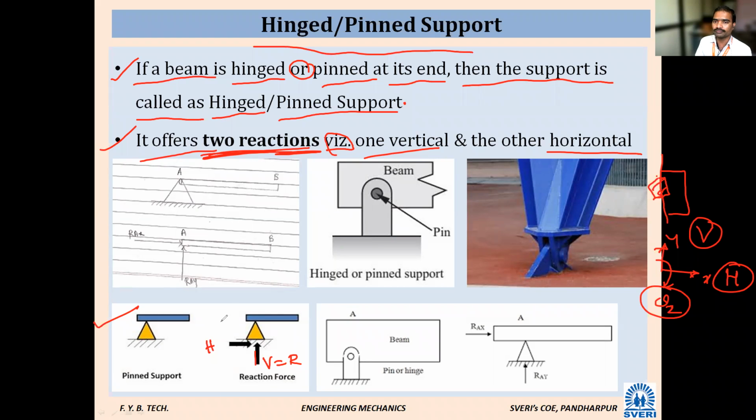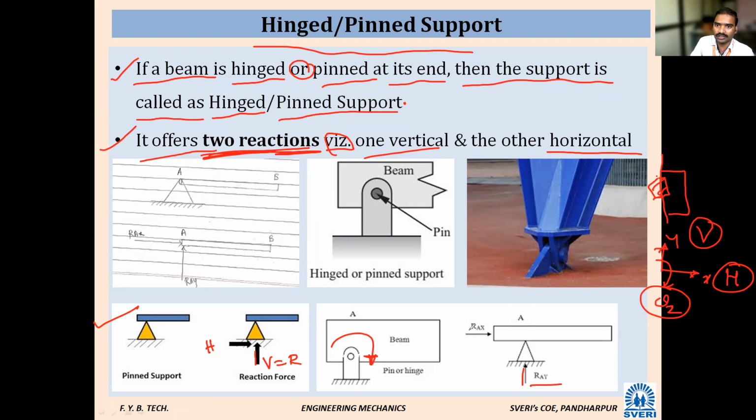Is it clear, everyone? See, this is one support. There is a bolted connection. There is a member, plate, beam. These two are connected by a bolt. Through this bolt, the member can rotate like this. But it will not move in X direction. It will not move in Y direction. It can rotate. So this is a member. The vertical reaction is RAY at a point.